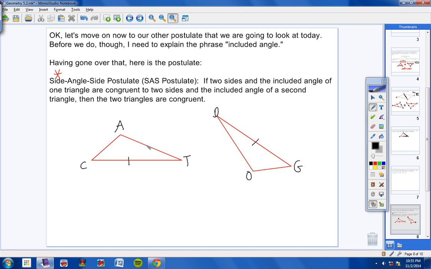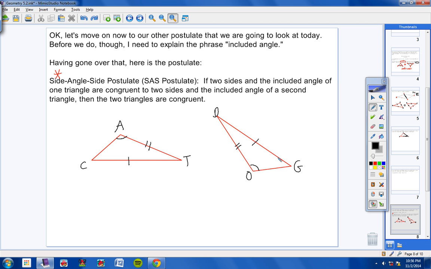And I told you this side here was congruent to this side here. And then I said this angle here is congruent to this angle here. Look carefully, students. Look, you don't have side, angle, side. You have side, side, angle. Or you could say you have angle, side, side. But that's not side, angle, side, guys, okay? Look.